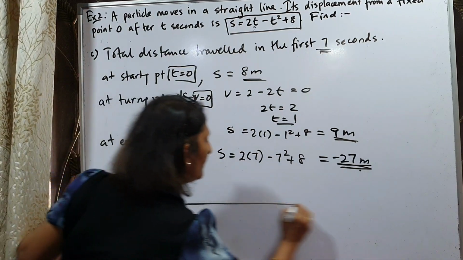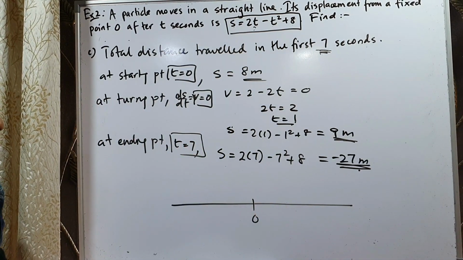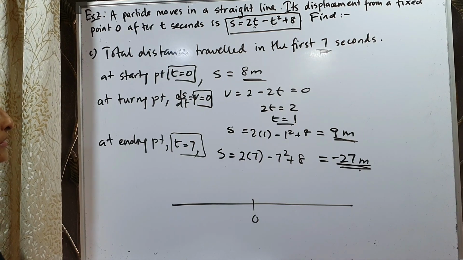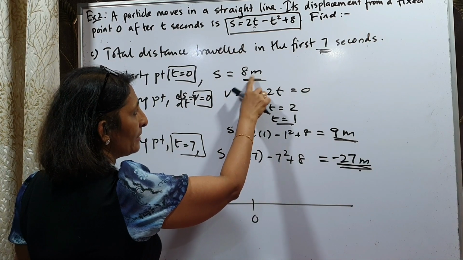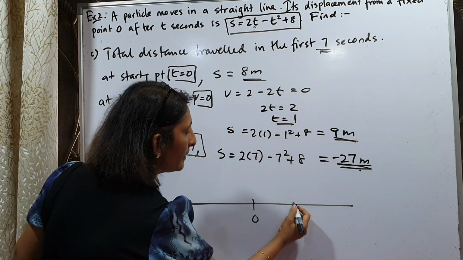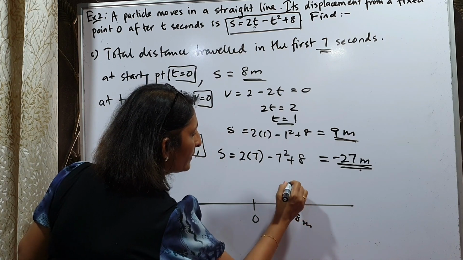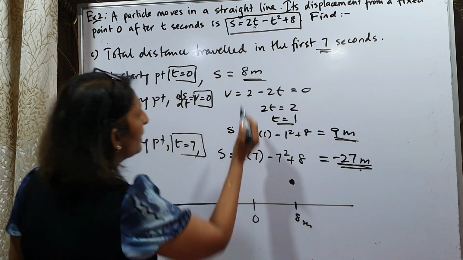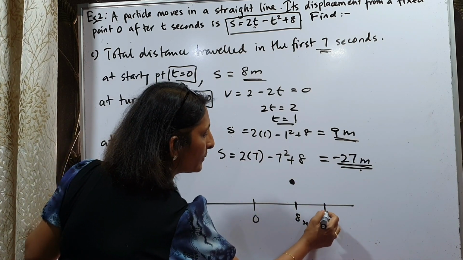Draw the number line. Now you have to place the particle in the positions they are supposed to be in. So starting at 8 meters, 8 meters means this side. So roughly, let's say 8 is here, and the particle starts here. Then it moves to the turning point, which is 9 meters.